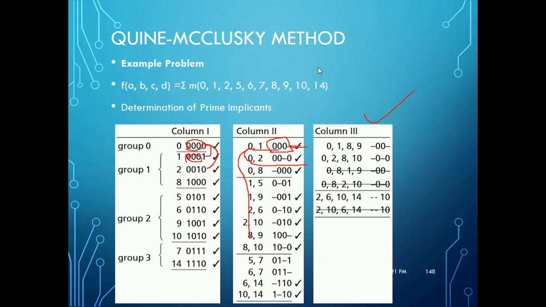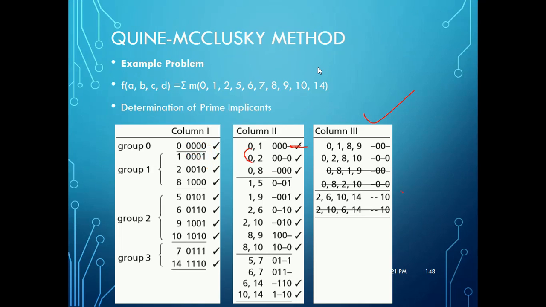After this particular step, you have to see which elements are not crossed out or checked. You can see 1 5 here, 5 7, 6 7, 0 1 8 9, and 2 6 10 14. All these have not been ticked, so we choose those elements as prime implicants.